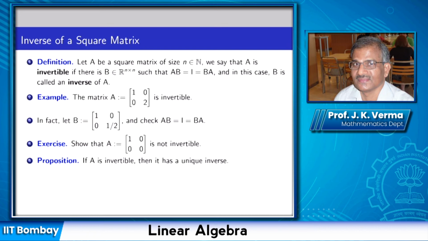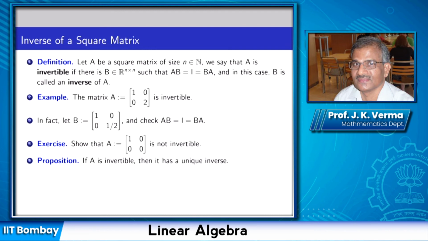Now I look at the second basis vector, namely (0, 1), and multiply A with E2. That is the second column of A, which is the zero vector. So BA E2 is equal to B times the zero vector, and that is the zero column vector.